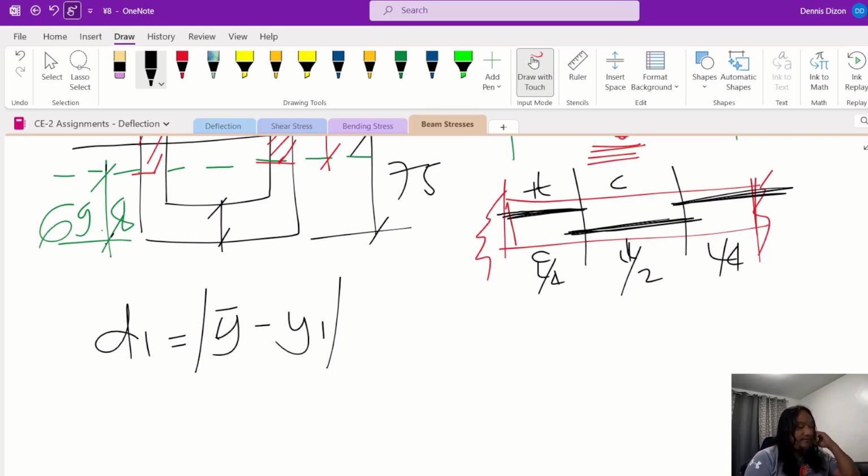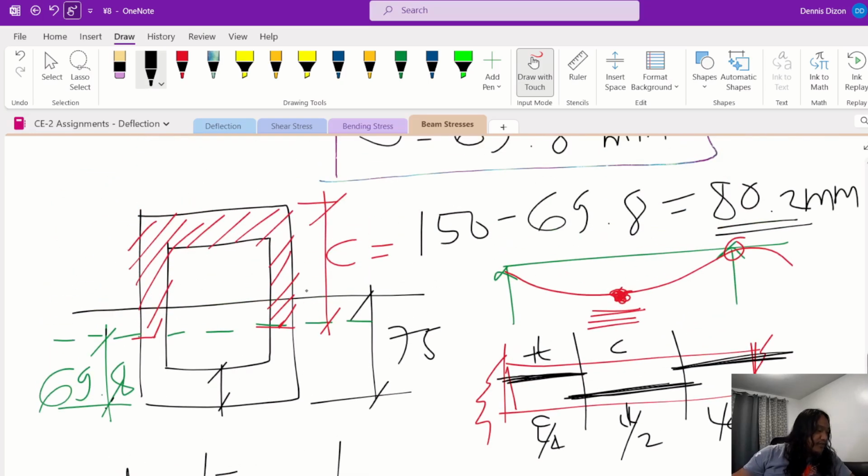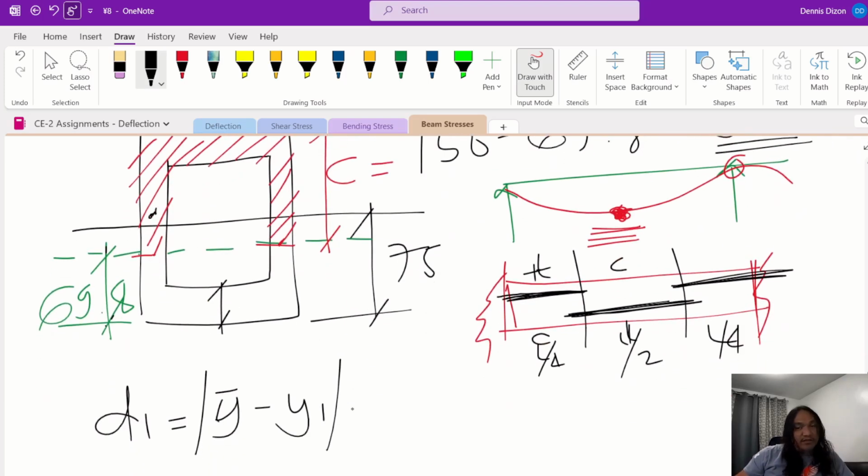For example, this one here, the center is at the top, so your distance would be above the neutral axis. But you can use this formula here, barred Y minus Y1. If it is positive, therefore your distance 1 is below the neutral axis. If it's negative, then it's above the neutral axis. That means the Y1 is bigger than your barred Y.